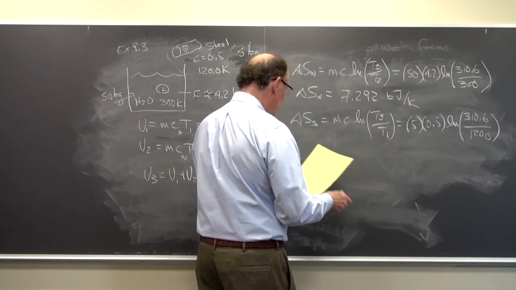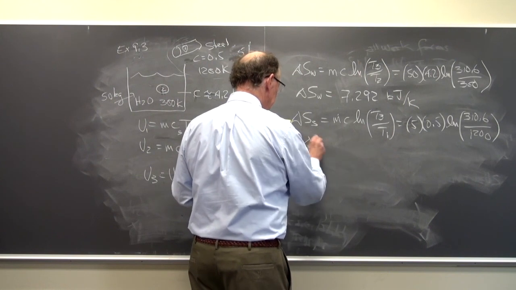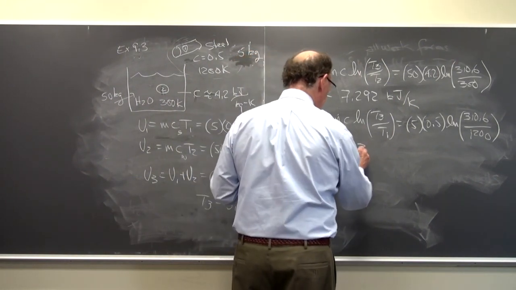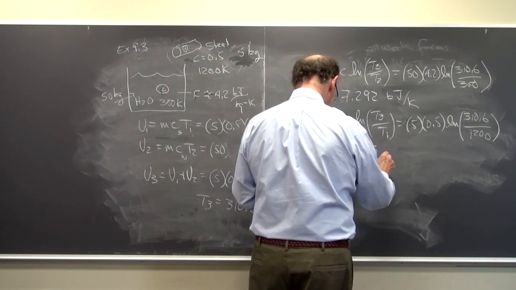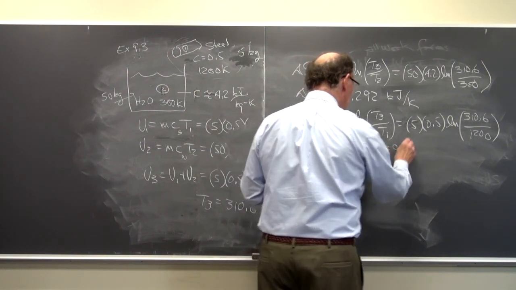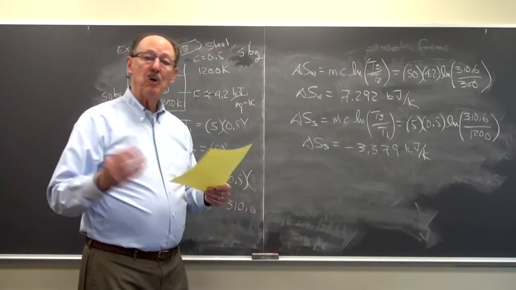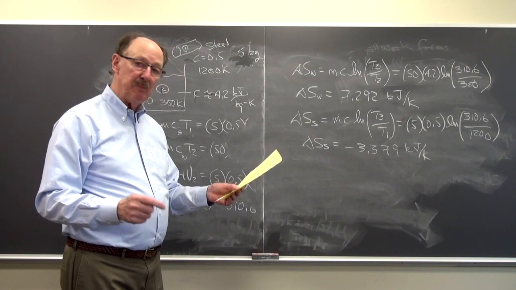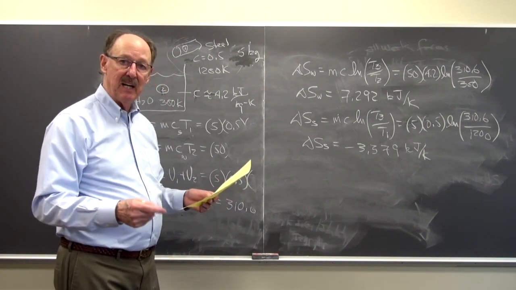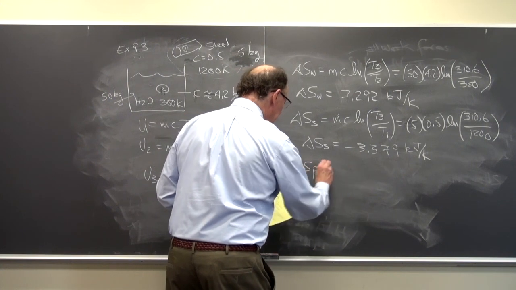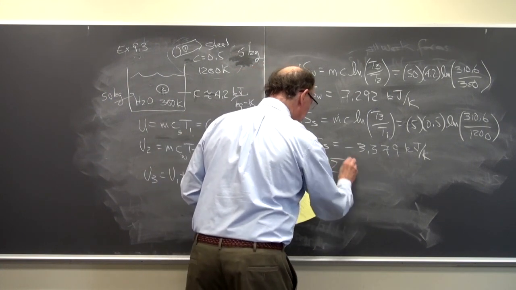And if I do that, this turns out to be del S of steel is equal to minus 3.379 kilojoules per degree K. I'm going to add these together, so the entropy production del SP is the sum of the del Si.